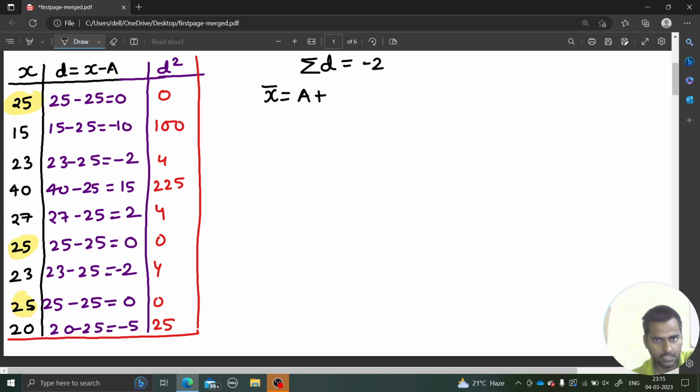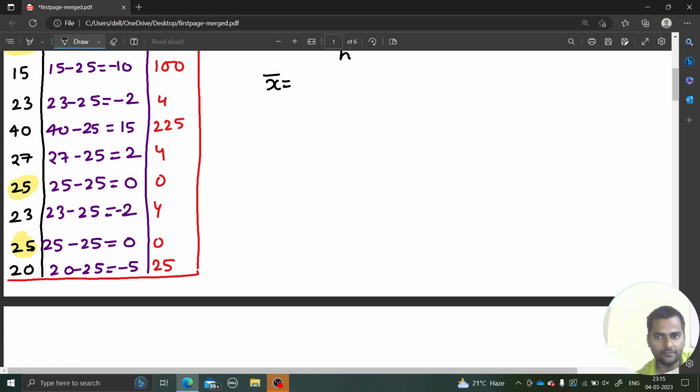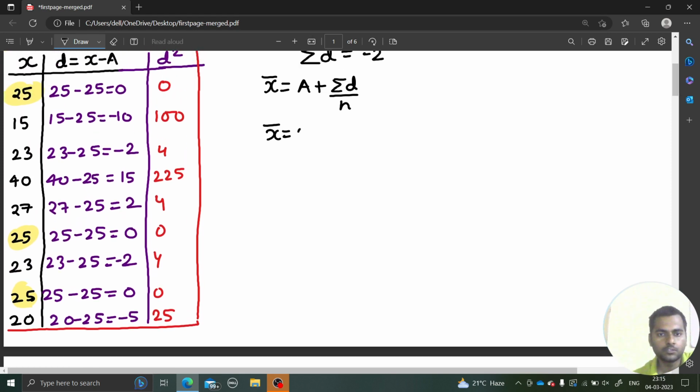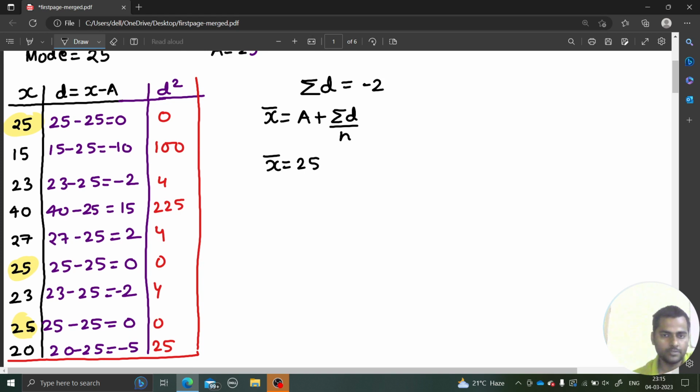Fine. Now your mean, let's say x bar, will be the assumed mean, that is a, plus summation d divided by n. So your x bar will be what we assumed, 25, plus what has come out to be the summation of d, that is minus 2, divided by how many data are there. So 3, 3, 6, 3, 9.